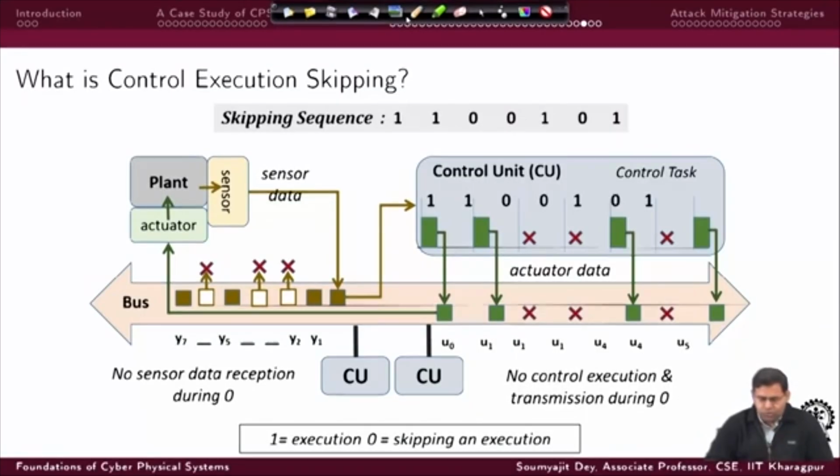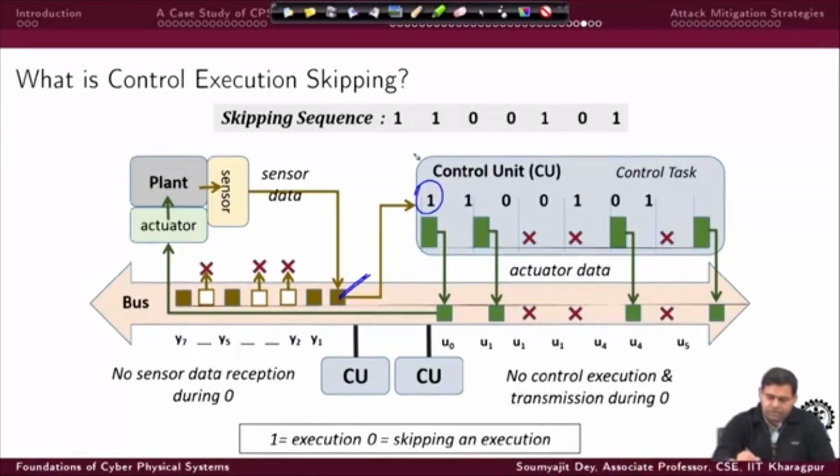The way we are showing this is, we have this packet here, which is a measurement packet, and accordingly the control action is computed, which is denoted by this one, and accordingly the control input value is again sent as a CAN payload over the bus.